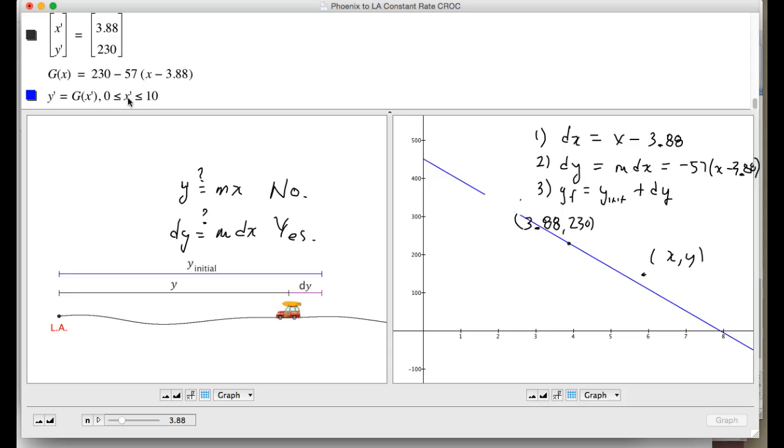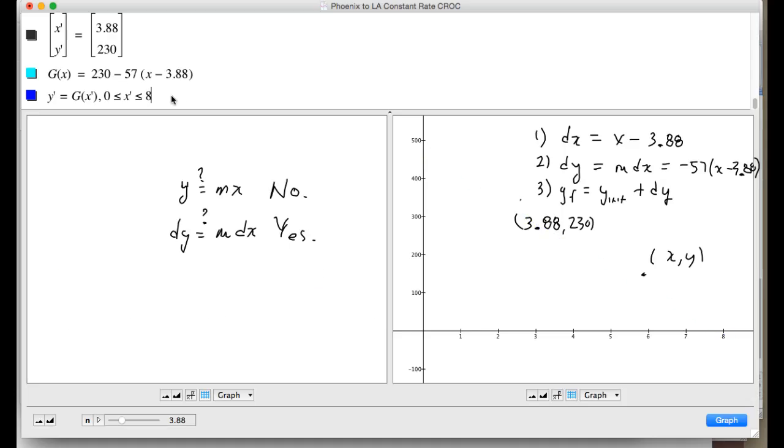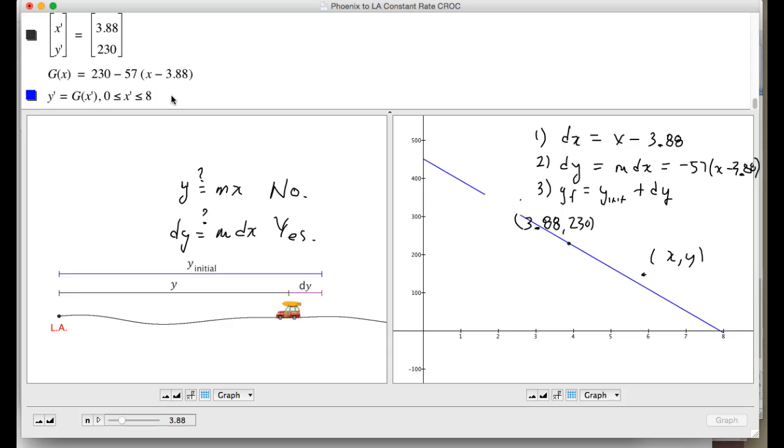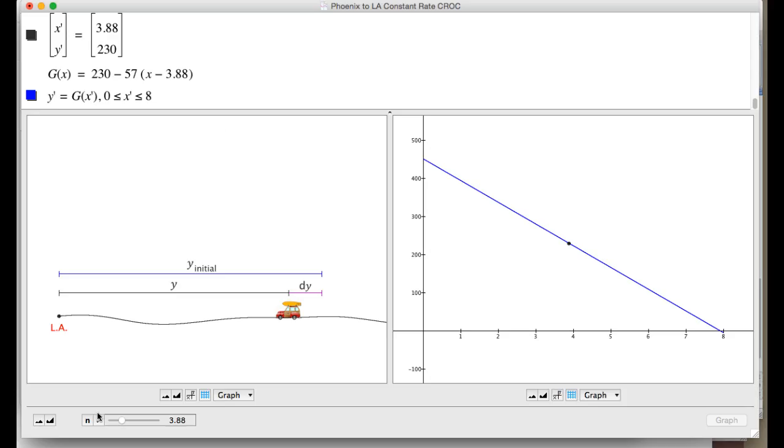And it looks like we get to LA just before 8 hours, so I'm going to change that domain to 8. Now we're looking at all the points of time from Phoenix to distance to LA. And let's flare up the car. Here we go.